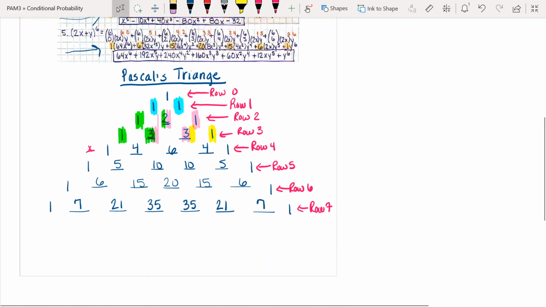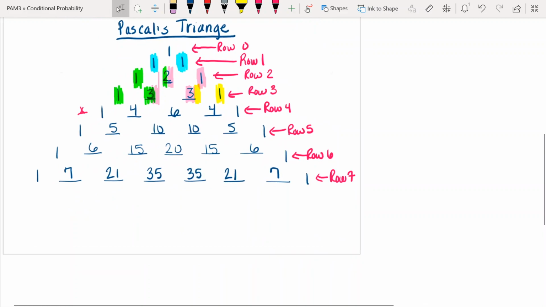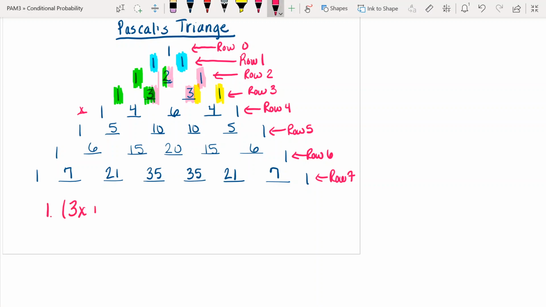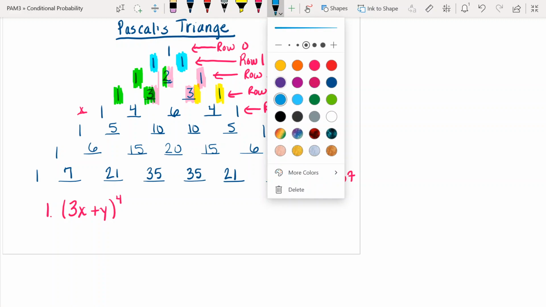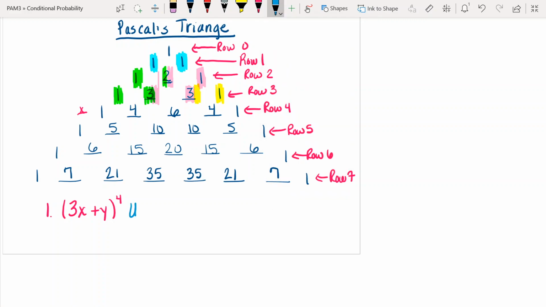Okay, so we are going to expand one using Pascal's triangle. Let's say that we had 3x plus y, and we raise it to the 4th power. That means I'm going to use row number 4.